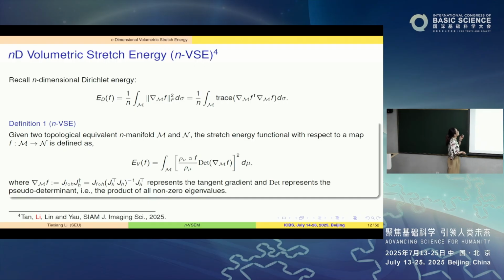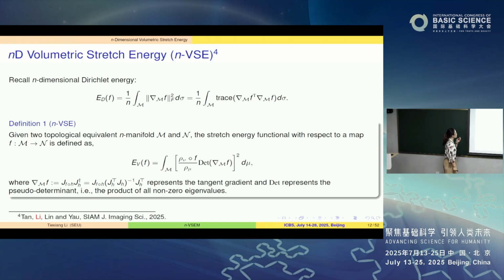Now, let's recall the ND Dirichlet energy. We generalize the Dirichlet energy concept to the ND manifold. So we define the Dirichlet energy like this one. This is the continuous version.